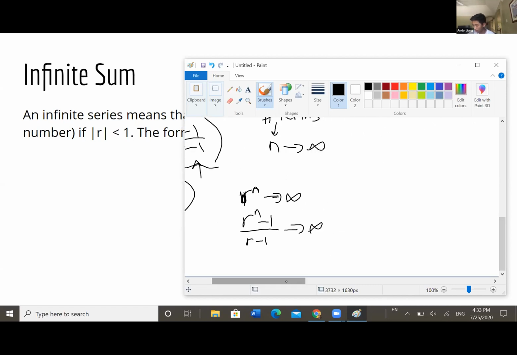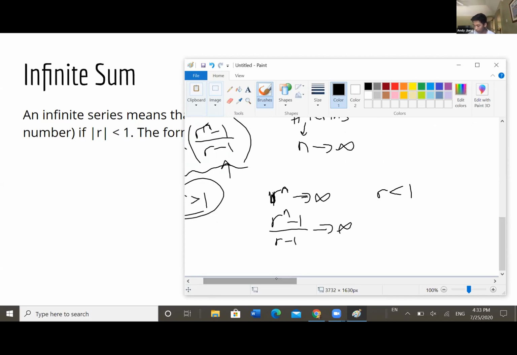We only worry about when r is less than 1. So when r is less than 1, what happens to r to the n?